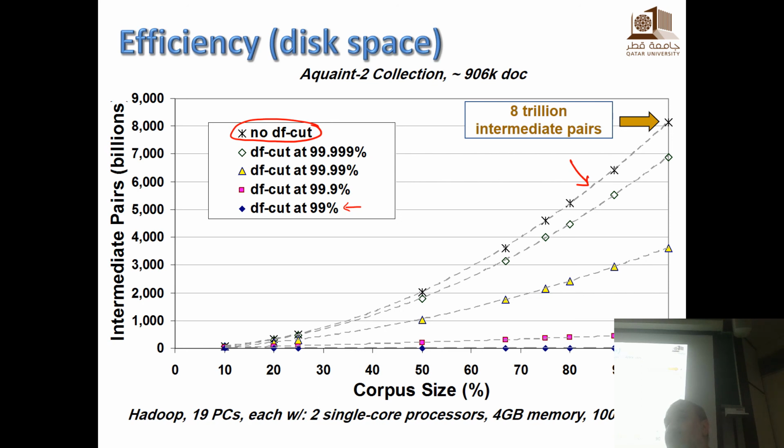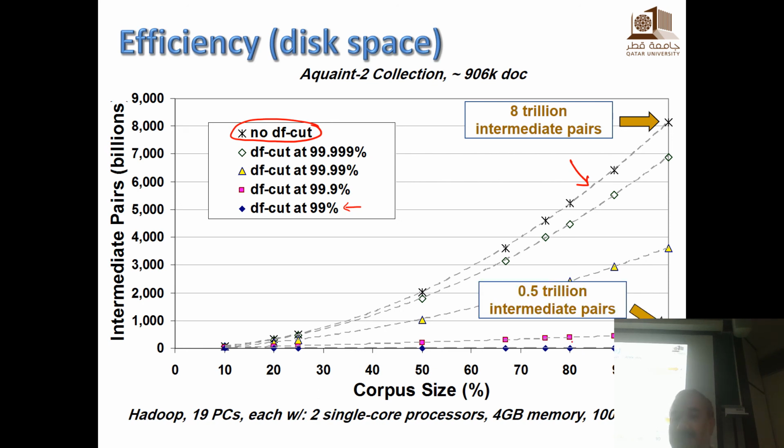That's huge, right? Huge difference. And in between, if we get rid of 0.1%, if we get rid of 0.01%, and so on. Of course, as we remove fewer terms, we get closer to the original curve. As we go more aggressive in removing terms, we go down.